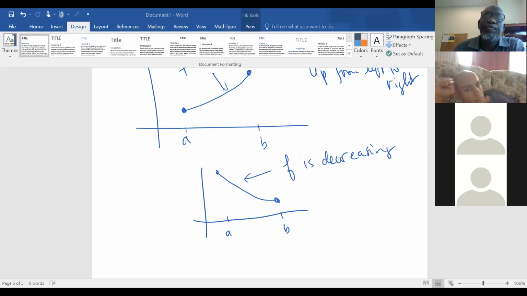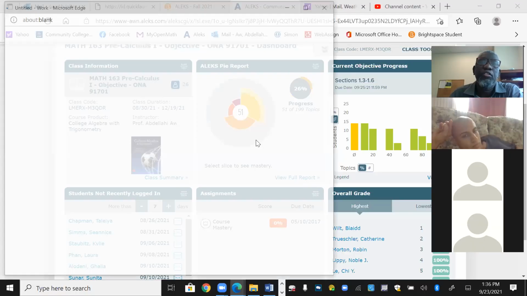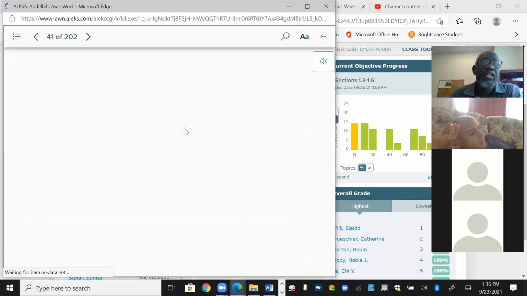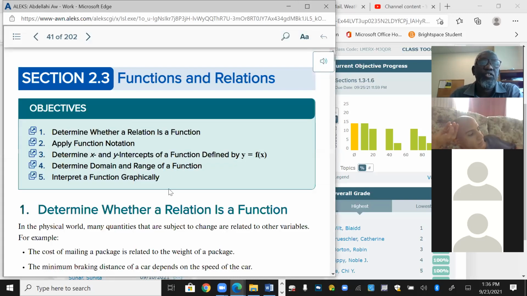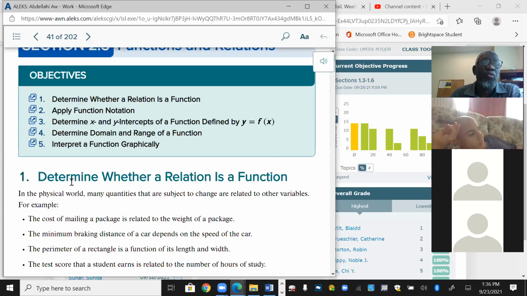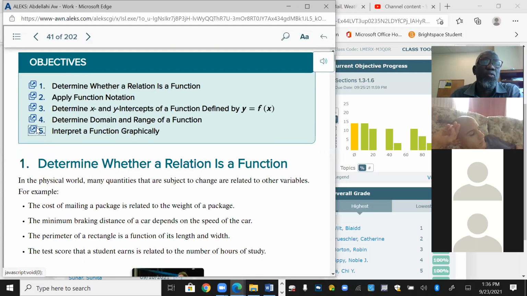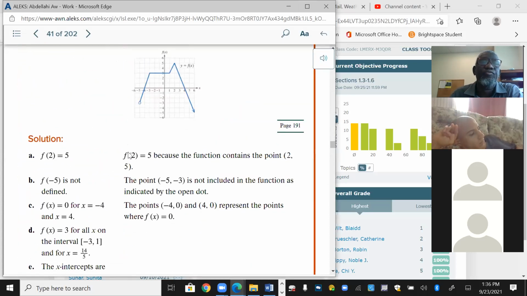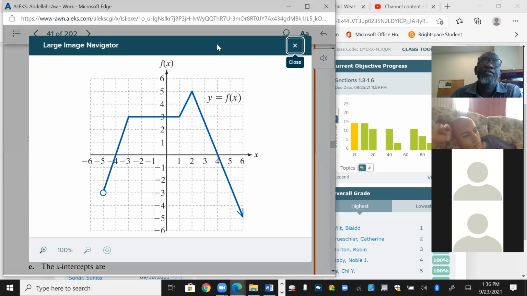So now, if we have a graph, I'm gonna have the textbook out, get some graphs out, right? Okay, so look, right here, this graph right here.